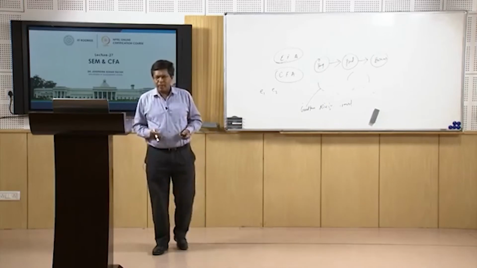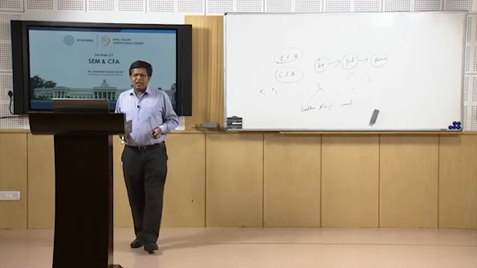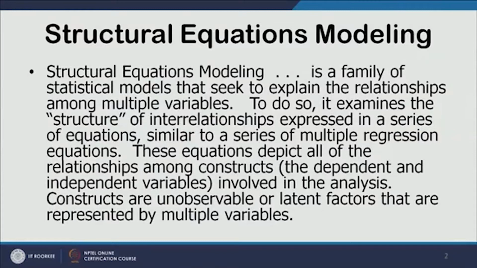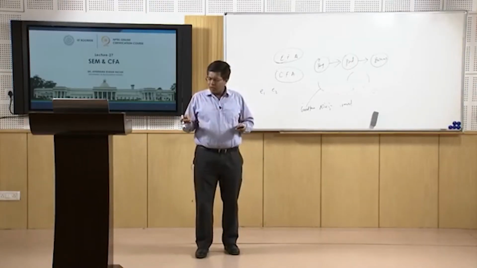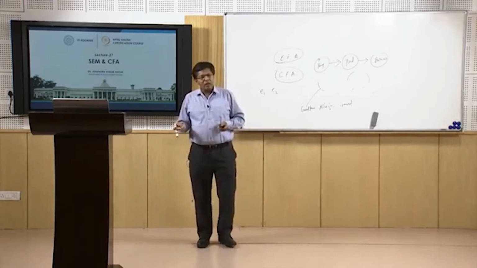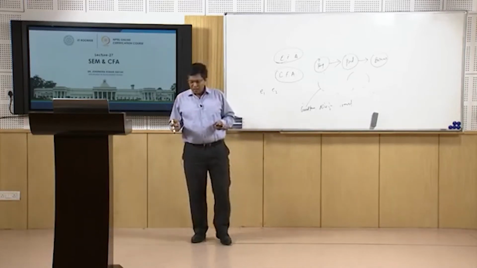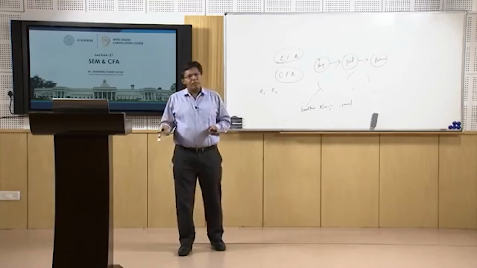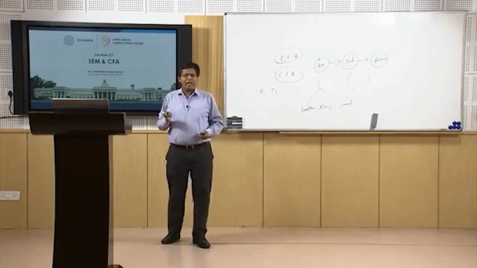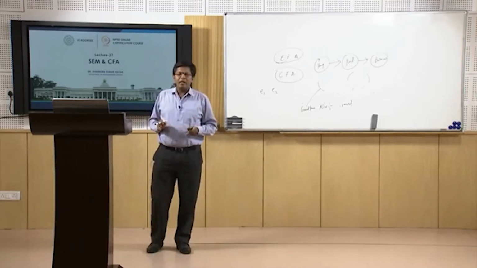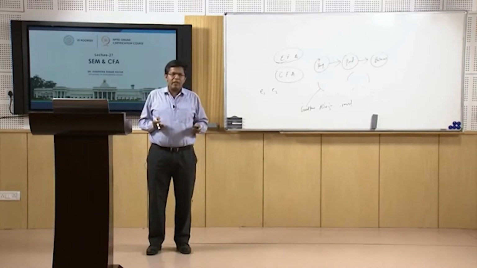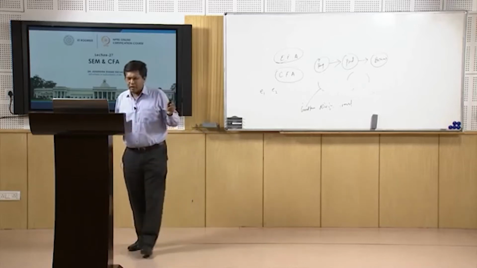Okay. So, as it says, structural equation modeling is a family of statistical models. In my earlier classes also I must have said that structural equation modeling basically comprises three important things: 1, the factor analysis; 2, the regression analysis; 3, an element of the chi-square value, which is highly used in structural equation modeling to test the goodness of fit of a model, which I will explain later on.